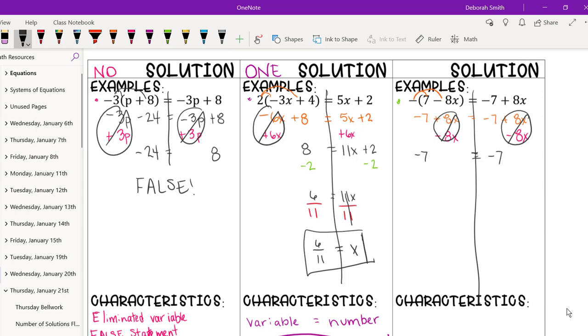Now look at this. The variables are gone. And then I have negative 7 is equal to negative 7. Well, that right there is a true statement. That will always be true. Negative 7 will always be equal to negative 7.